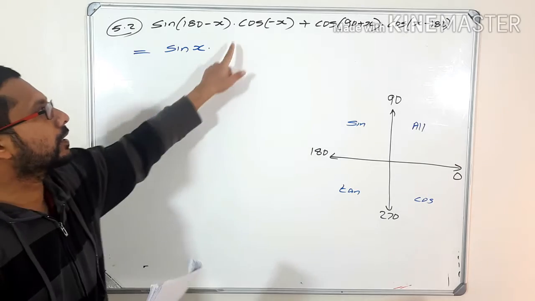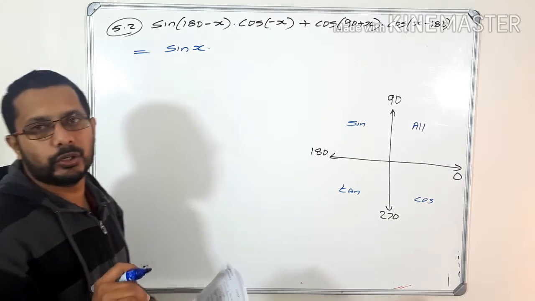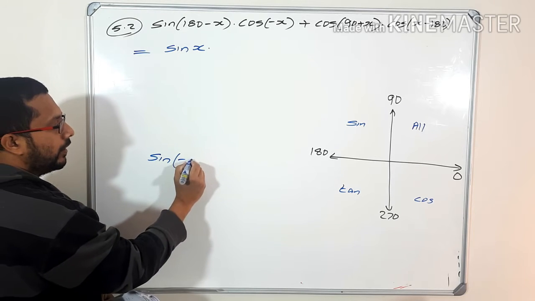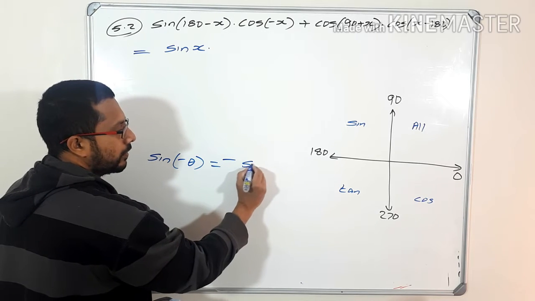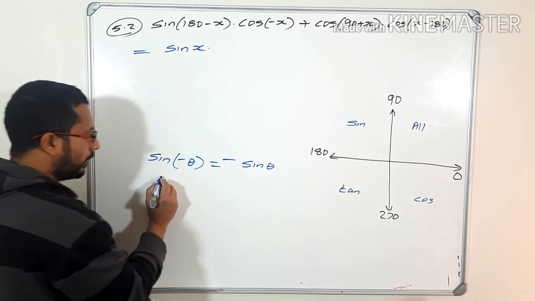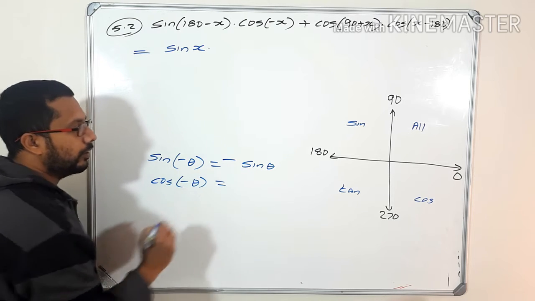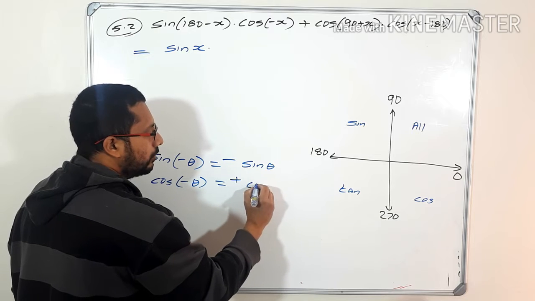Cos of minus x. What is that one, guys? When you studied trigonometry, you studied that sine of minus theta is minus sine theta. Here there is a difference. Cos of minus theta is not minus cos theta. It is positive cos theta.